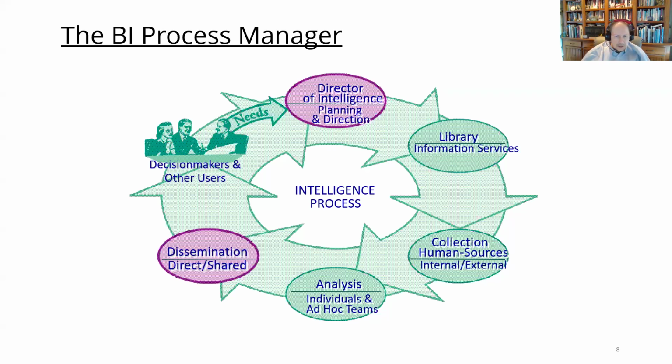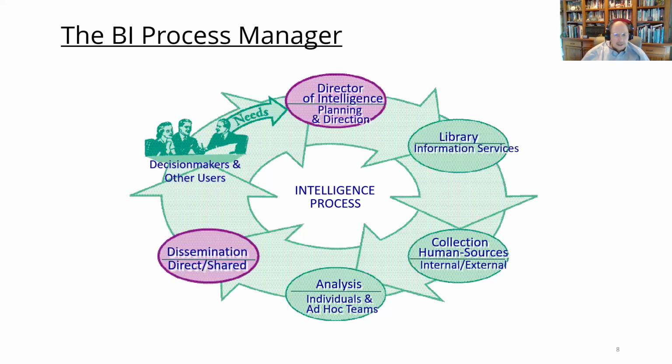The secondary research step in library or information services first, followed by human source collection if it becomes necessary, followed by analytical work, and maybe even the use of an ad hoc team as part of the analytical side to bring in some SMEs. And then ultimately, he takes it back because this dissemination stage or the sharing of the findings and conclusions should be presented back to the decision maker by the director.